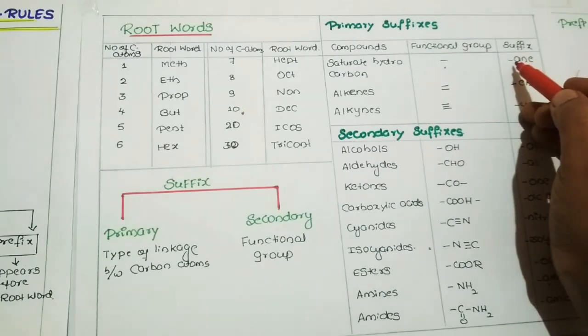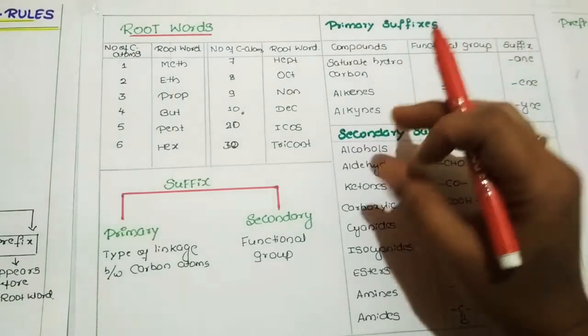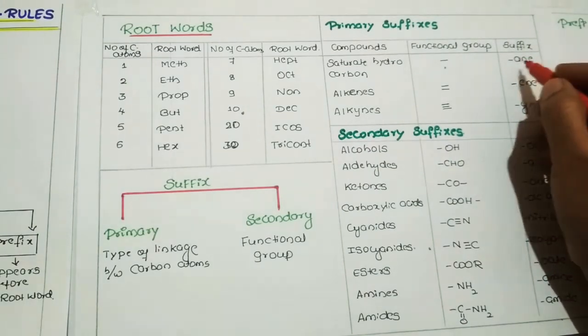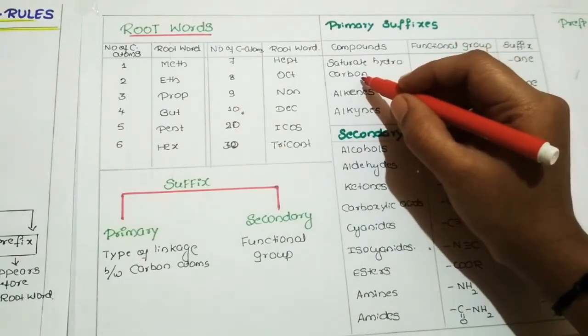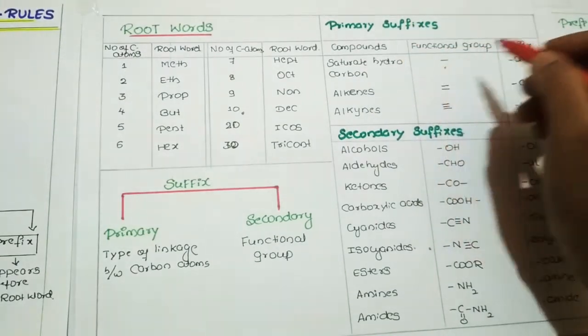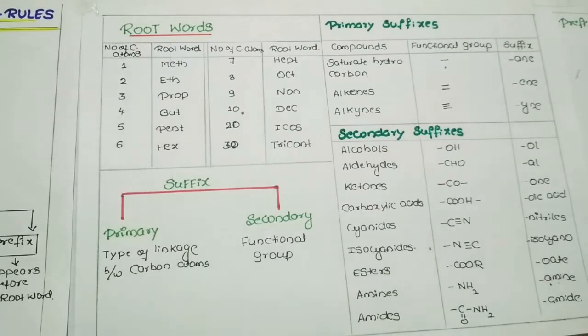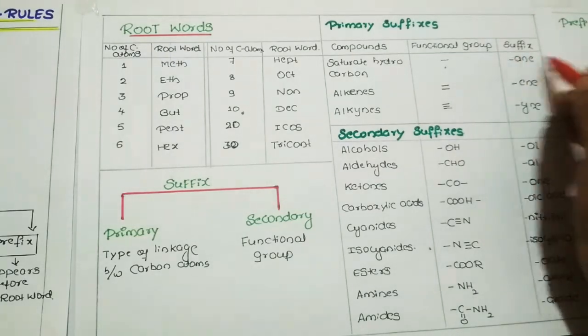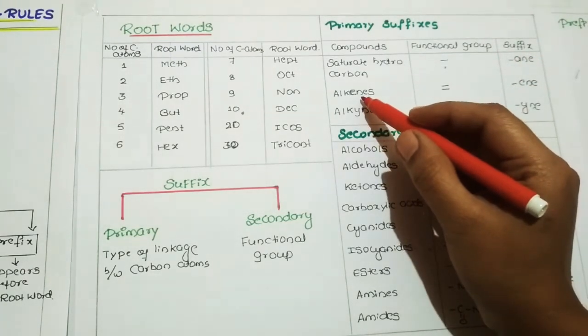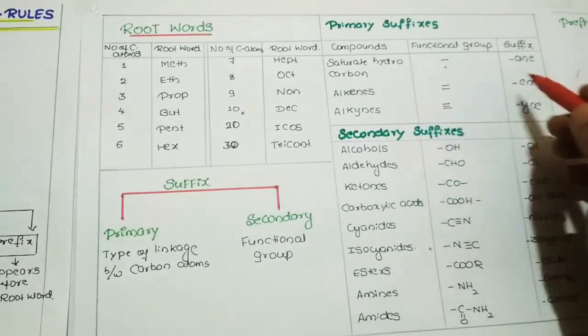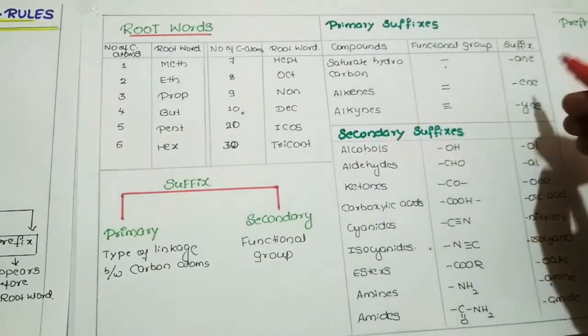So suffix means after the root word. That root word will end with "ane" for a saturated hydrocarbon. This is the primary suffix. If the carbon-carbon linkage is only one bond, then it ends with "ane". If it is an alkene, then a double bond should be present, and the root word should end with "ene".